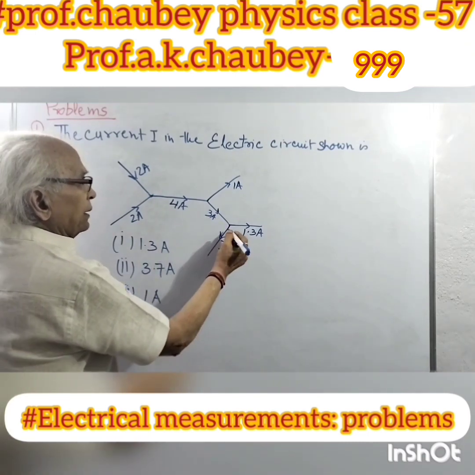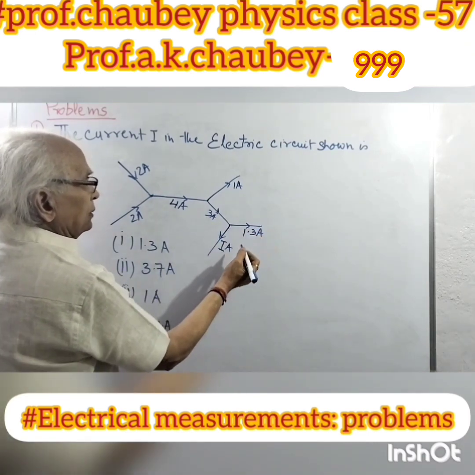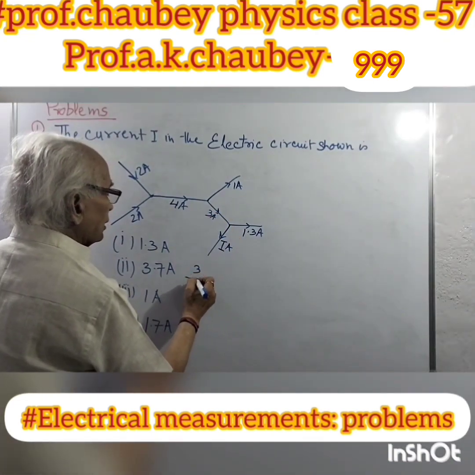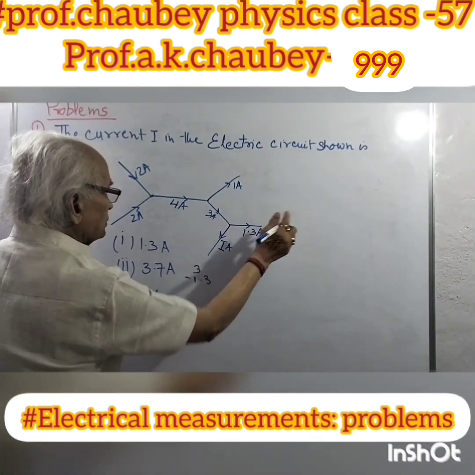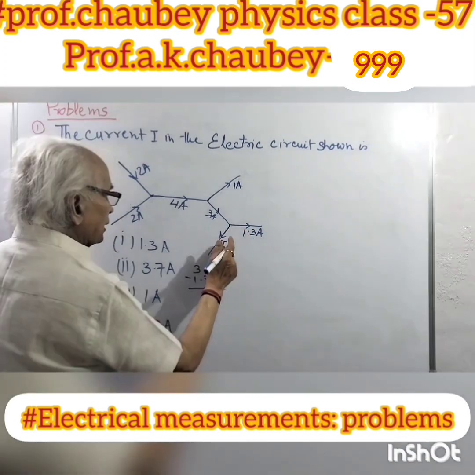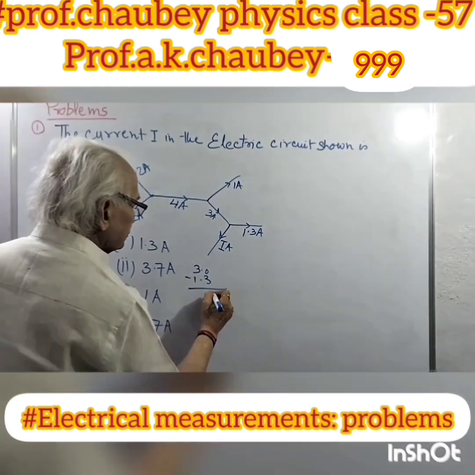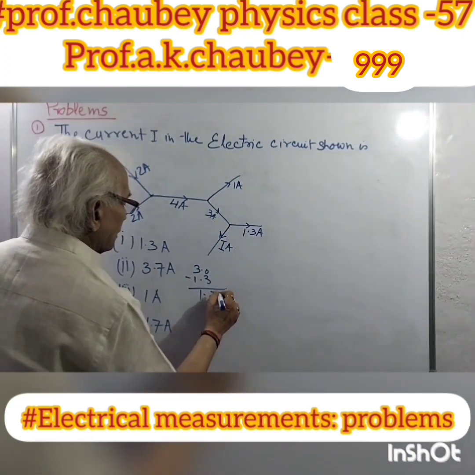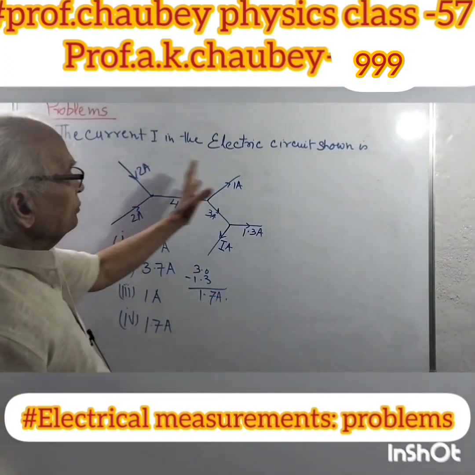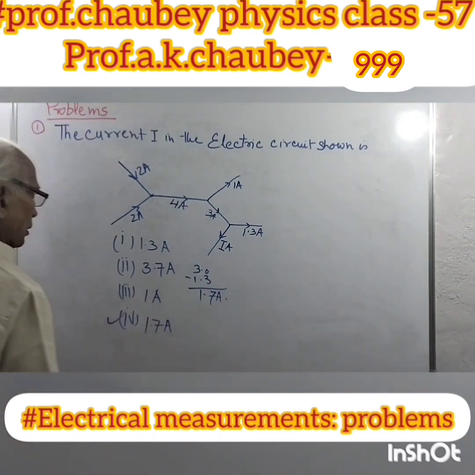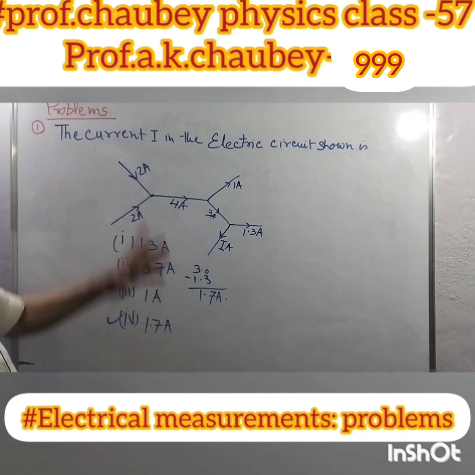Now current going at this junction is 1.3 ampere, so out of 3 ampere, 3 minus 1.3 goes this side. So what current in this arm? Obviously 3.0 minus 1.3, 1.7 ampere. So the answer of this simple question is 1.7 ampere, which means option 4 is the correct answer.